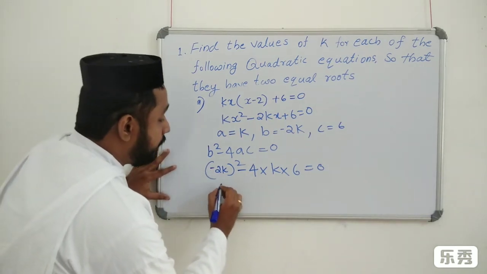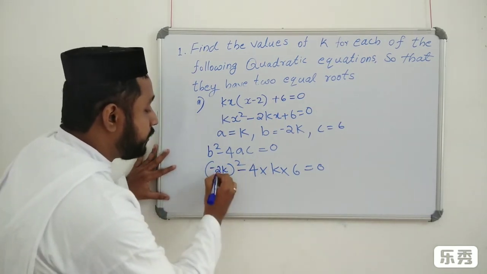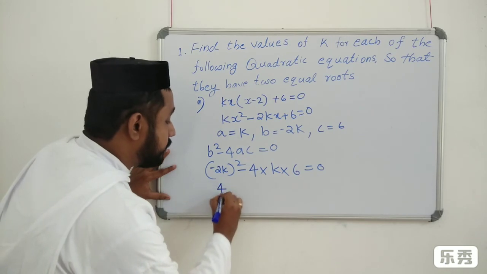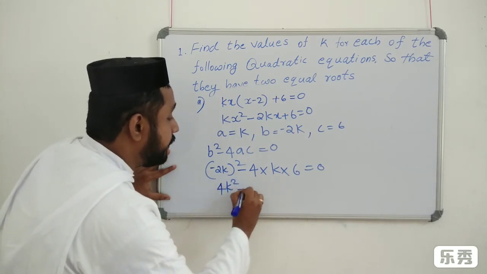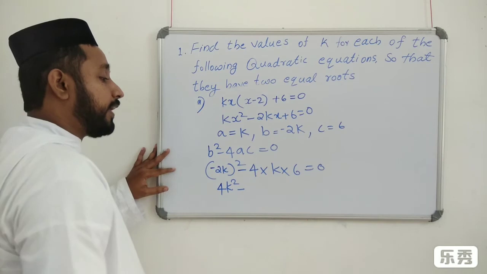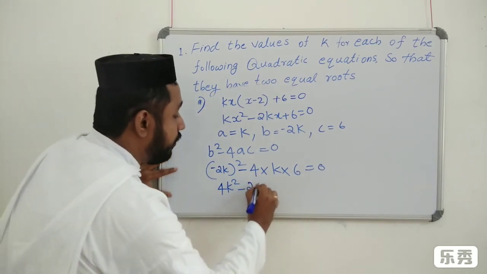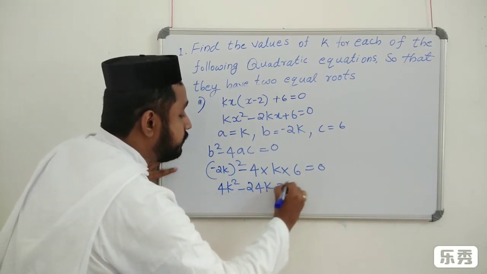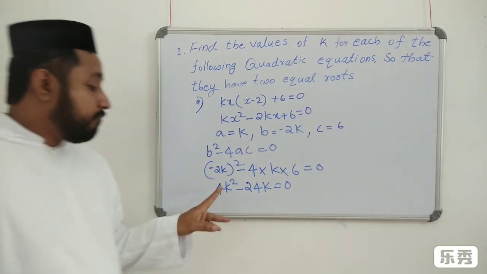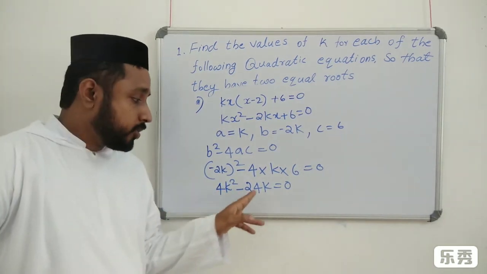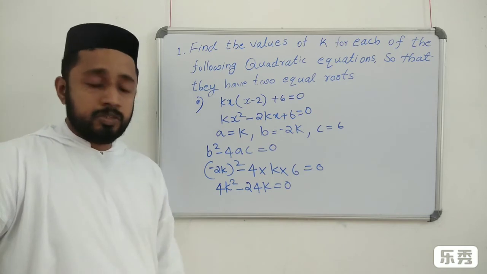Minus 2k whole square means 4k square, minus 4 into k into 6, that is 24k, equal to 0. So we got 4k square minus 24k equal to 0.